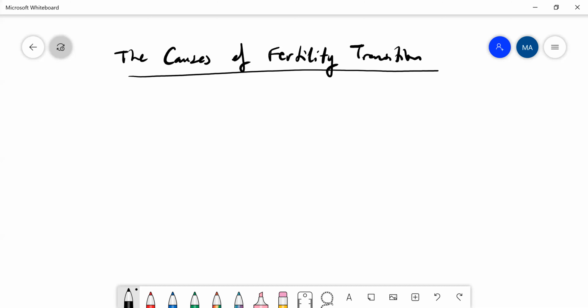Now, interestingly, one of the reasons is the mortality transition as well. Why? Let's try to understand that. Most of the time, economists assume that people value children. As if we like cookies, as if we like a nice steak dinner, we also like to have kids.